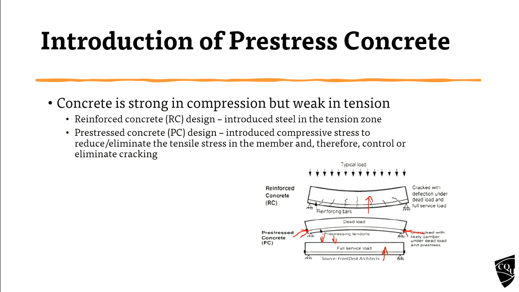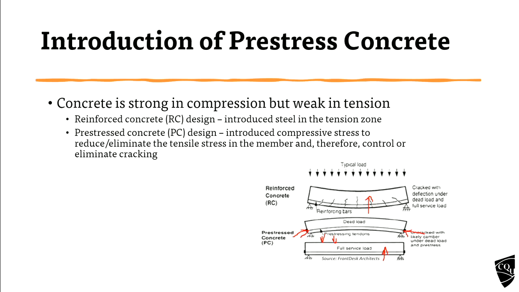So in this case, deflection is not a problem, because since we have an upward deflection at the start, our final deflection will be much smaller. So our criteria here will be cracking.